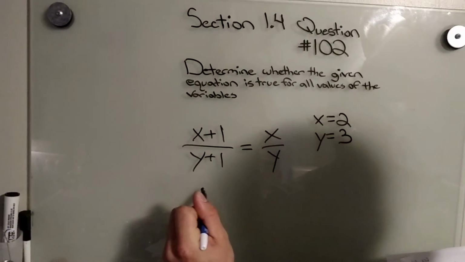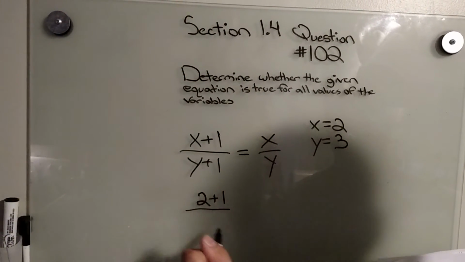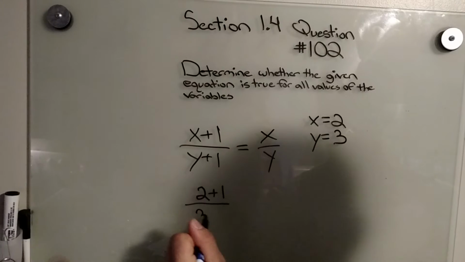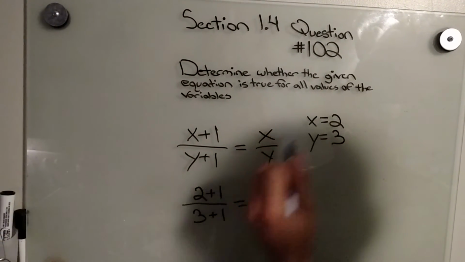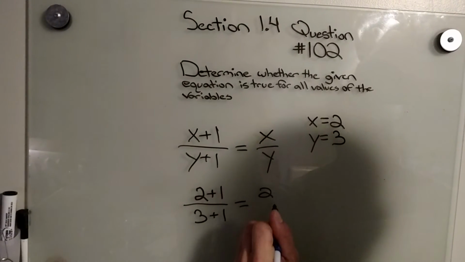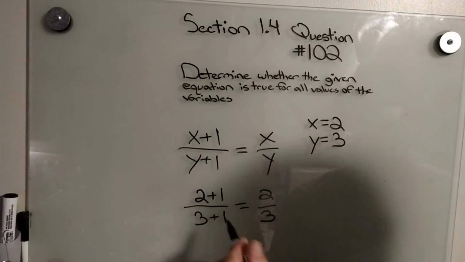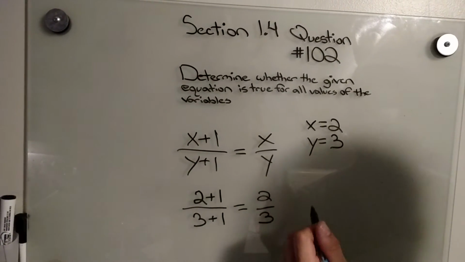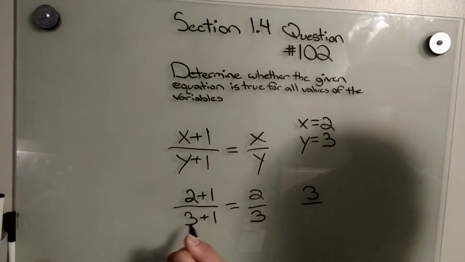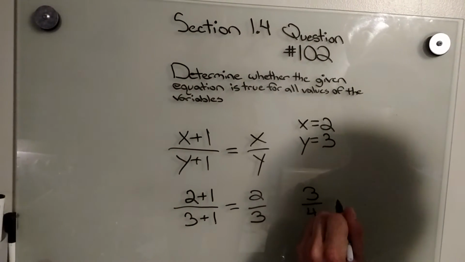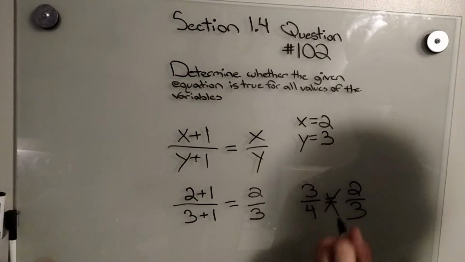So for x we have 2 plus 1 over, for y, 3 plus 1, equal to x, which is 2, over y, which is 3. Adding the numerators and denominators on the left side gives us 3 over 4 equal to 2 over 3, which is not true.